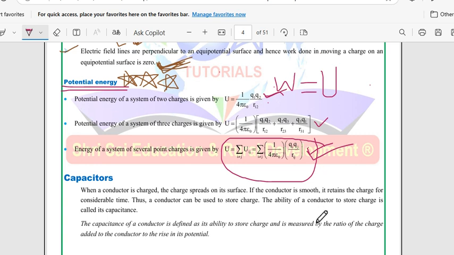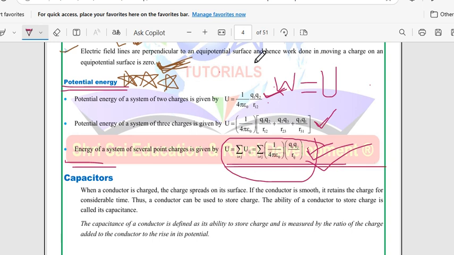I hope these derivations are clear to you. What is the definition of potential energy, the potential energy of a system of two charges and of a system of three charges? If you go on substituting the number of charges, the general equation for the energy of a system of several point charges is given by this.